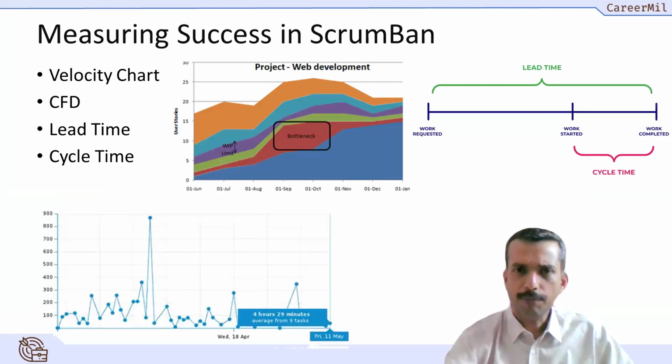So this is one example of a cumulative flow diagram for a web development project where you have these blue ones are the done, and you see a bottleneck right there where this brown color one is probably where the workflow is being slowed down.